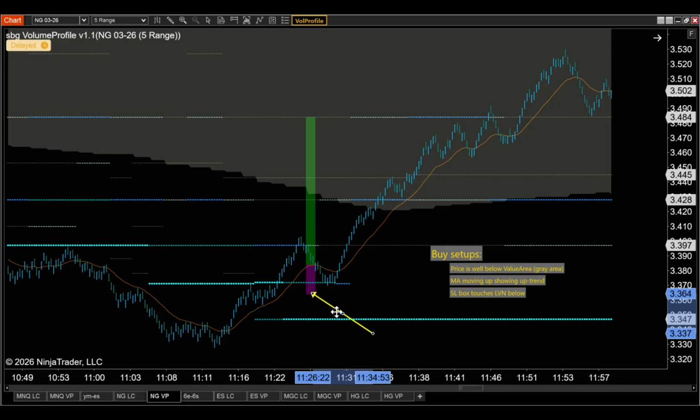This is the stop loss region. One of the parameters you have in the indicator is how big you want your stop loss to be. In this case, this is a 20 tick stop in the natural gas contract. That's helpful, because then you can set an ATM strategy template to trade at a 20 tick stop. So that's what we're looking for here. You put your entry in right at the right hand of this box.